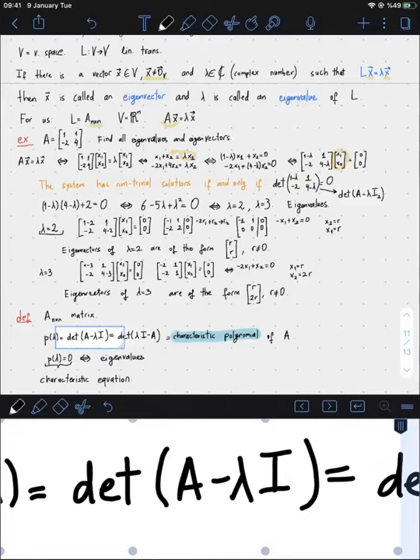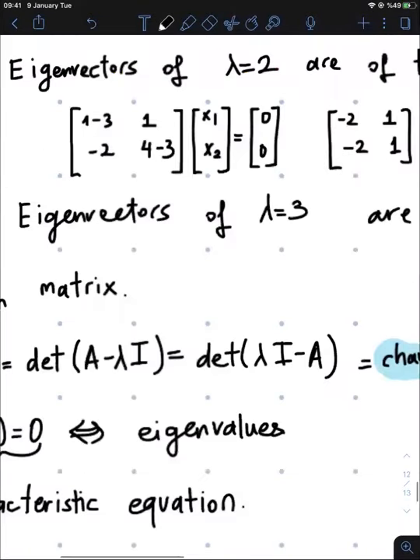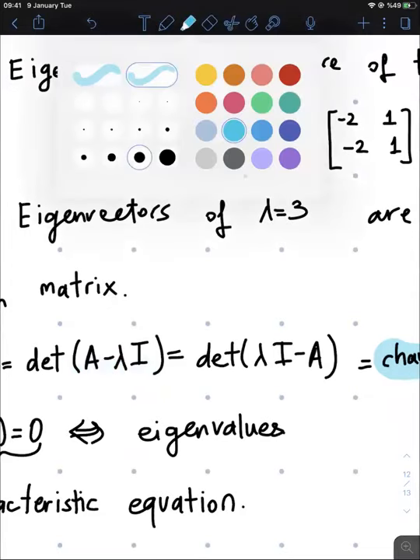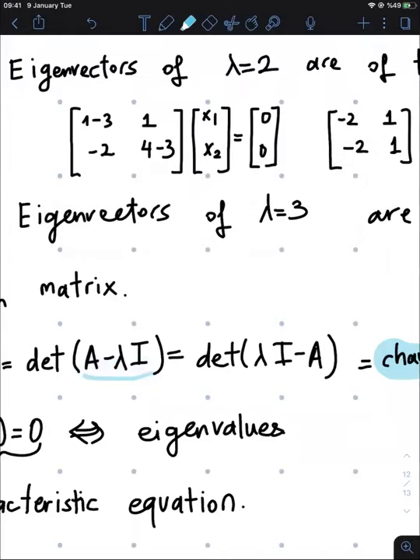Let me look at it. This determinant is not exactly the same as this determinant. Depending on the size of the matrix, this will be minus 1 to the power n times this one, because one is a negative of the other.